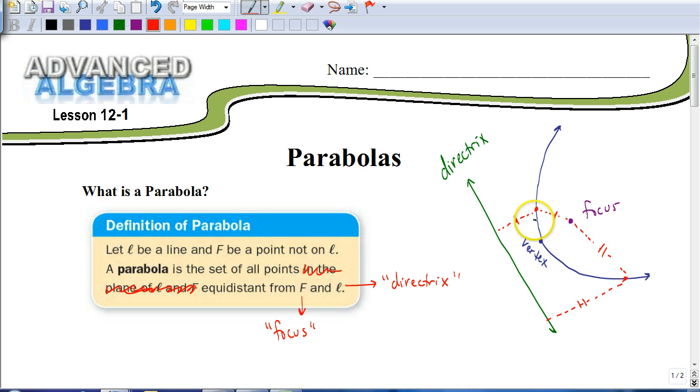So no matter where you pick a point, the distance from that point to the directrix and the distance from that point to the focus would be the same. That's the definition of a parabola. So the points on the parabola, the points on that line are always going to be the same distance from the fixed point, the focus, and that line called the directrix. And the vertex is going to be halfway between the focus and the directrix there.